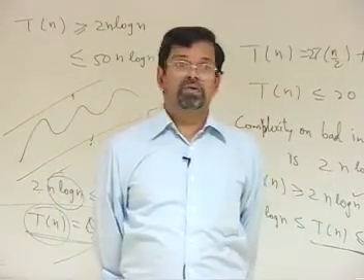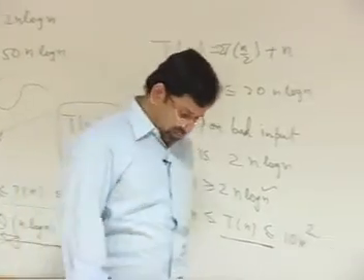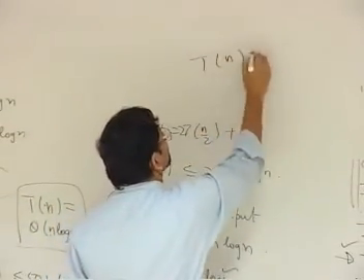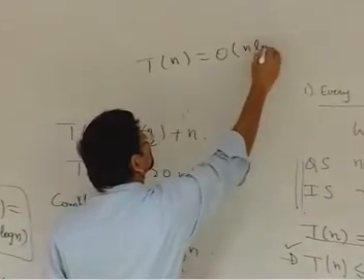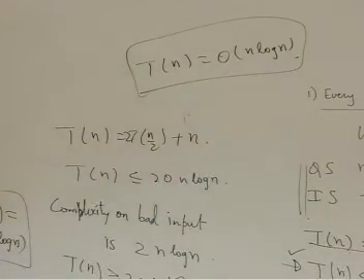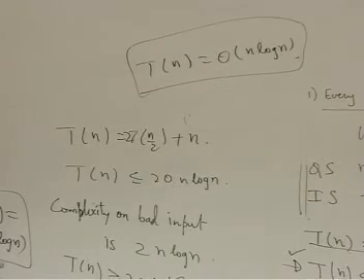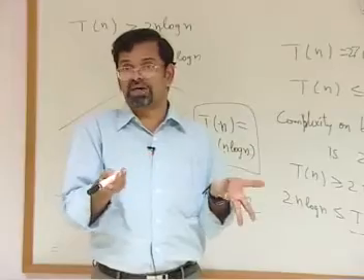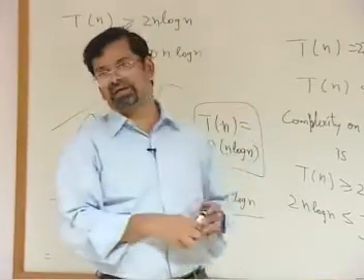When you get an upper bound of n log n, all you can say is T of n is order n log n. That's all you can say. It is upper bounded by that. Maybe the actual value is something like 21n, which you could not solve, and this is all you could say.